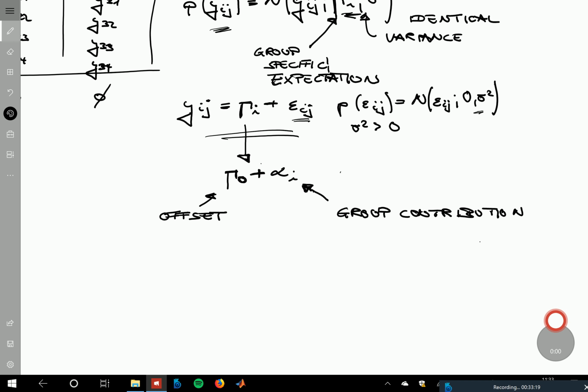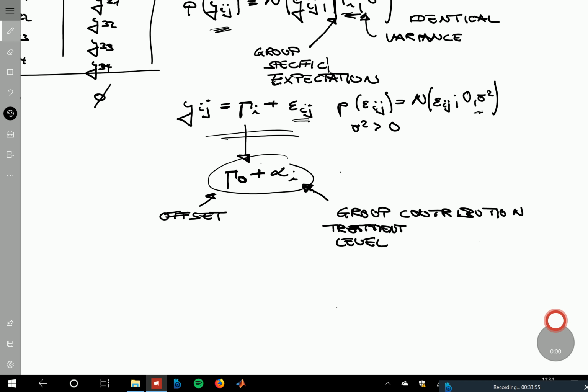Now, if one wants to express that the expectation of the ijth data point is given by mu I, which in turn is given by a common offset plus a contribution of the group or the treatment or the level of this one factor. So these are all the same things.